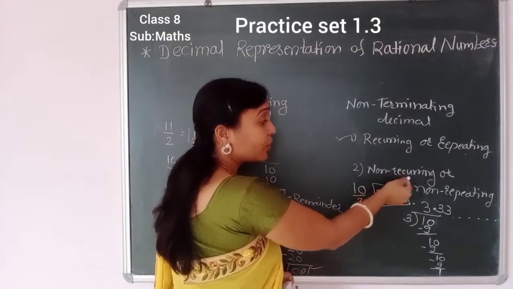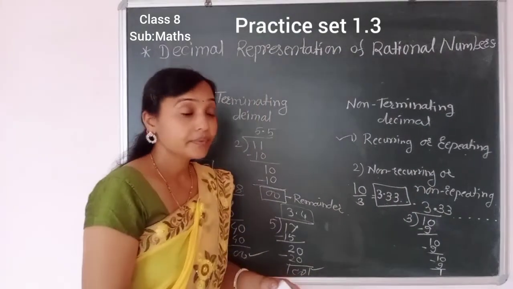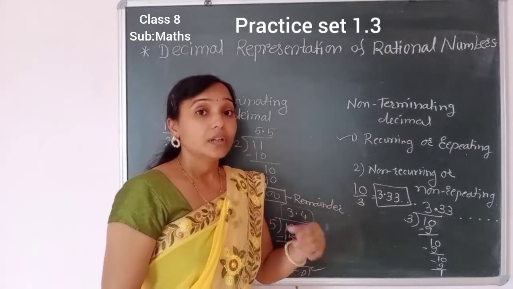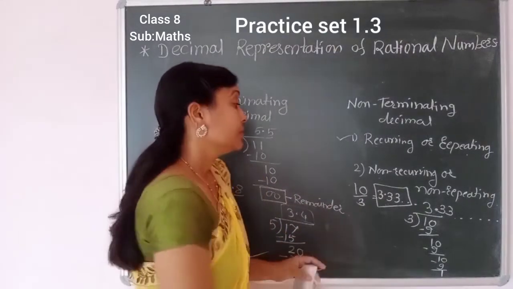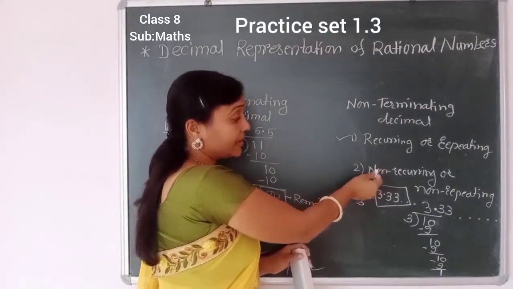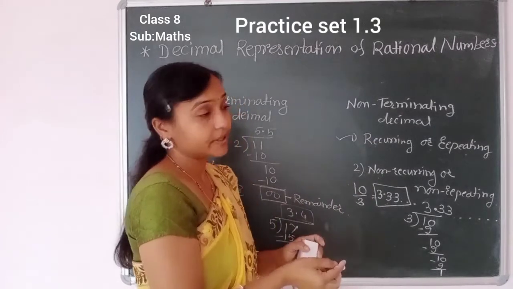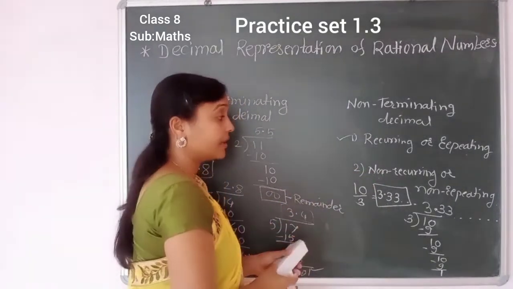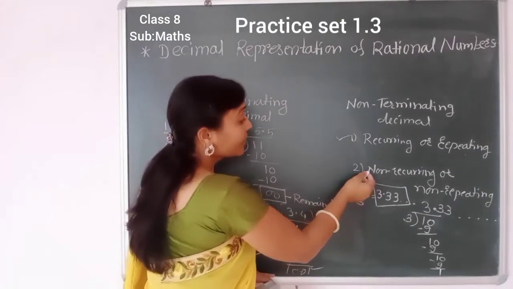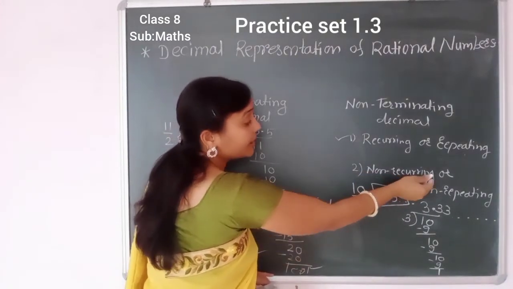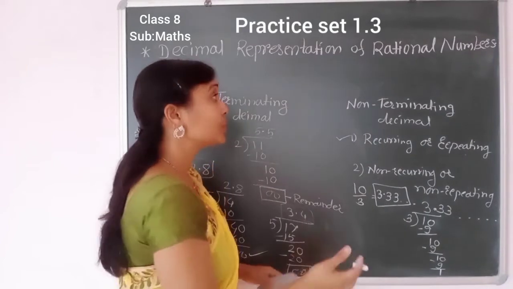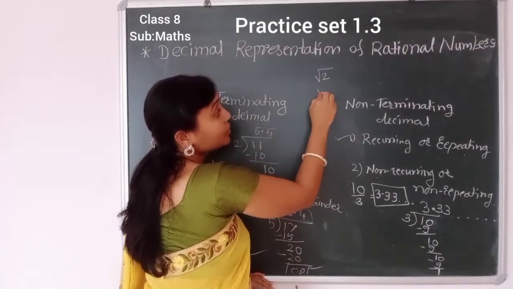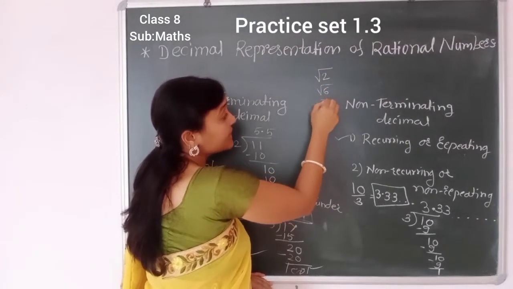And what is meant by non-recurring or non-repeating? Non-recurring means the numbers do not repeat again and again. So we see this type in the irrational numbers. Irrational numbers we see in the next exercise. This non-recurring decimal form we see in the roots of prime numbers, like root 2, root 6, root 7.